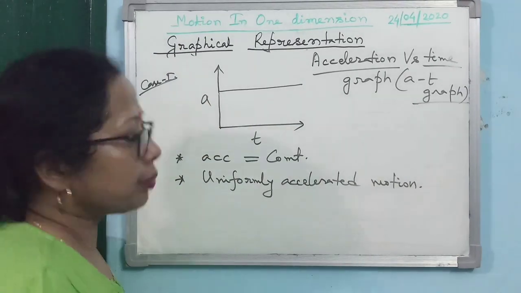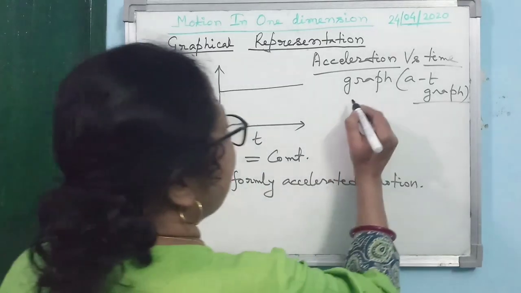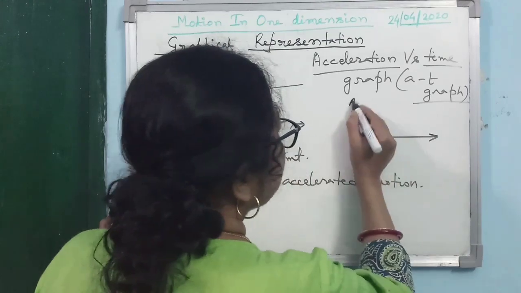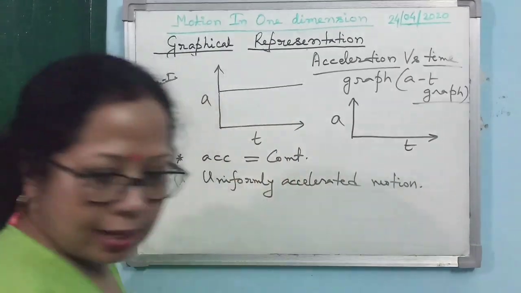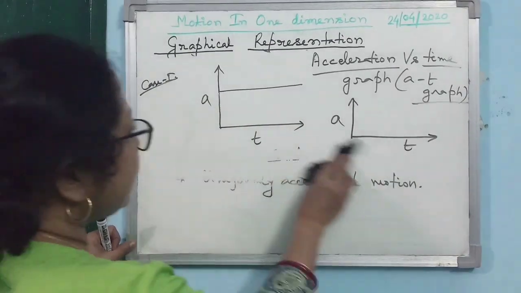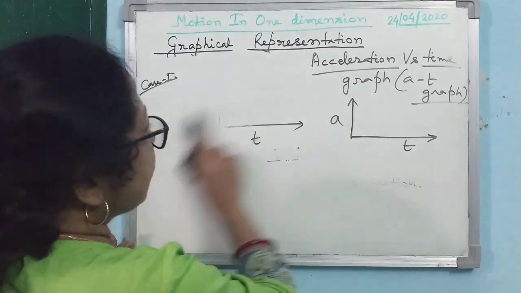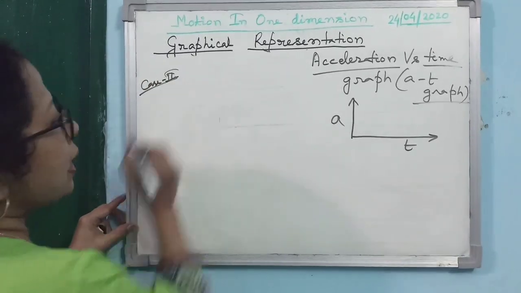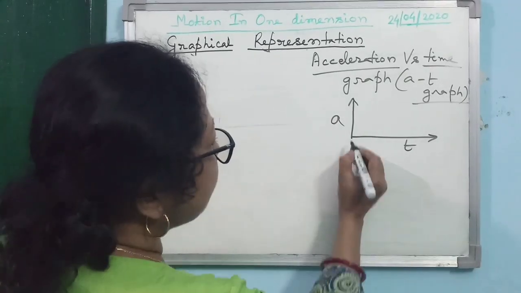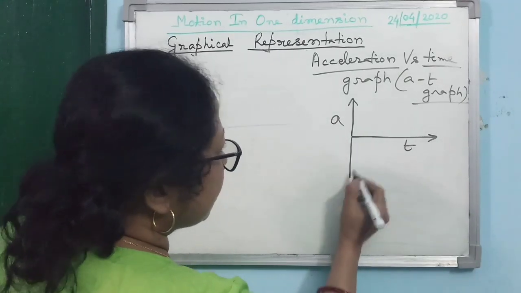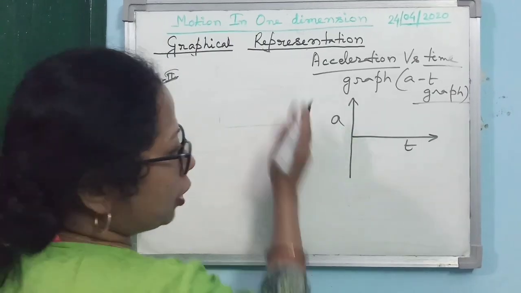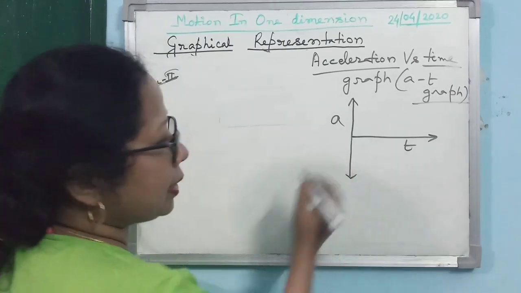Is that clear? Now, if the body is having retarded motion, you understand what will happen. Retarded motion means acceleration is negative. This is the second case. Acceleration negative means what? If you consider the y-axis, above the origin y is positive and below the origin y is negative.